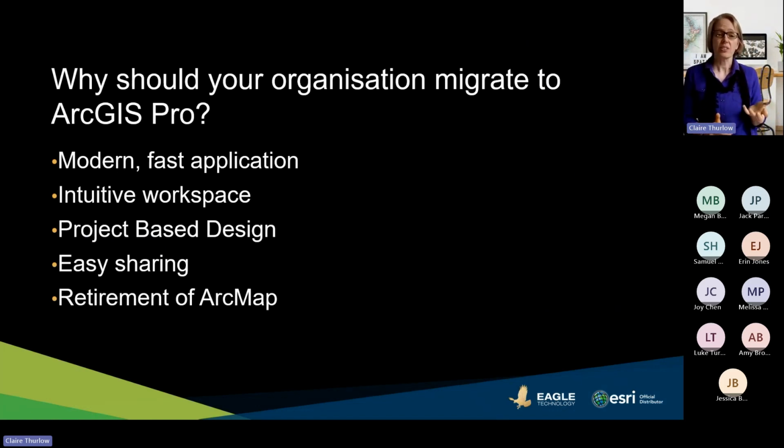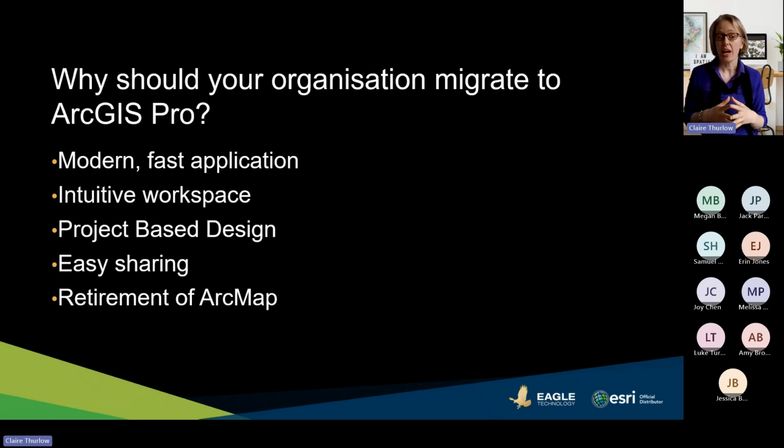One of the things we can justify the shift with is that ArcGIS Pro is a really modern and fast application. ArcMap has been around for quite some time, probably for at least 20 years, and so ArcGIS Pro is a way to really modernize your organization and its use of ArcGIS.